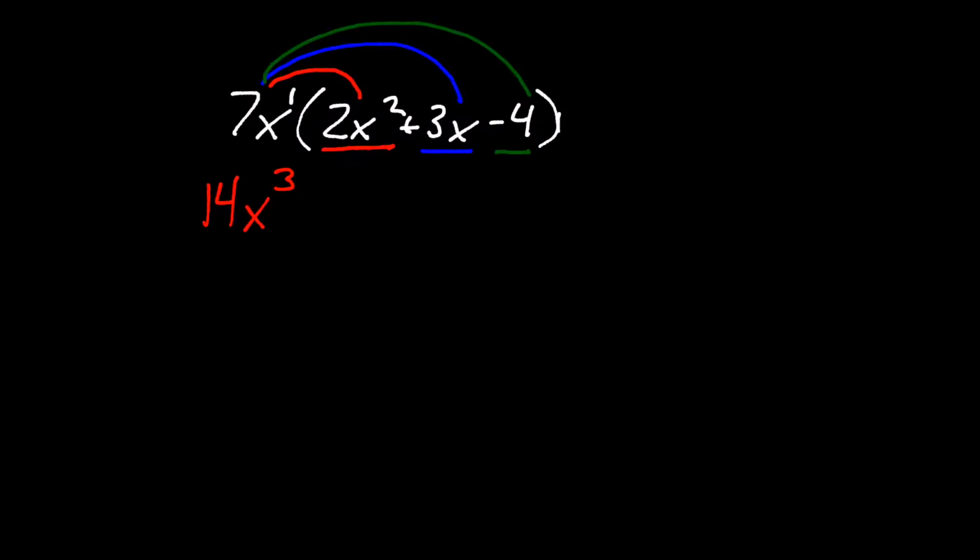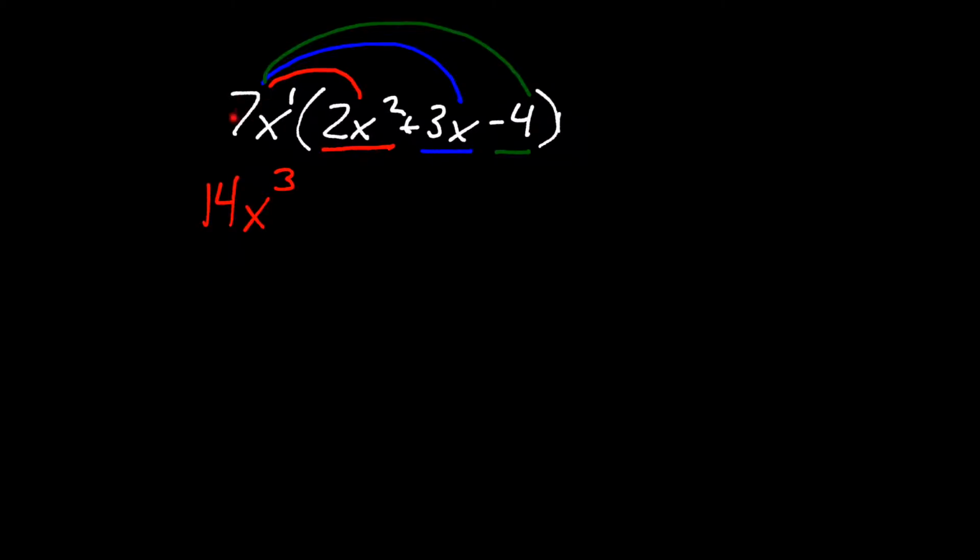When we did our monomial times monomial, we were done at this point. But I still have other terms here. I've got to multiply by 3x, and then I've got to multiply by negative 4. So now I'm going to move on to the next piece, and I'm going to forget that the first and the last piece are there.